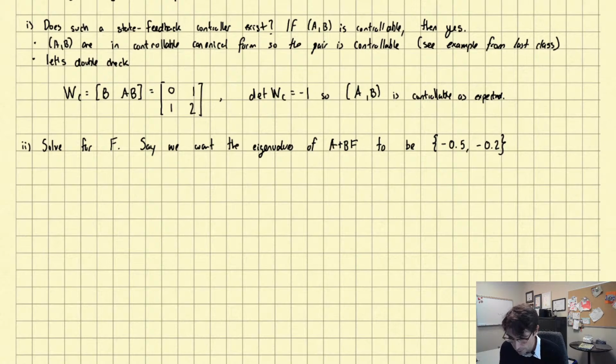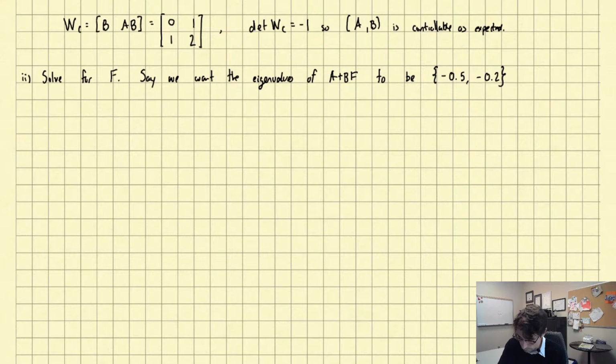Okay, so what we should do then, one way to do this, maybe not the best way, but one way to do this is to just look at the eigenvalues of A plus BF and compare them, or choose F, so that they are equal to these numbers. So let's do that. So in this case, A plus BF looks like this.